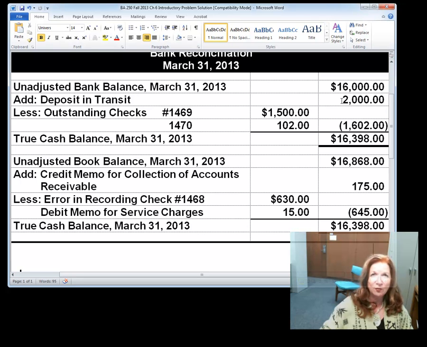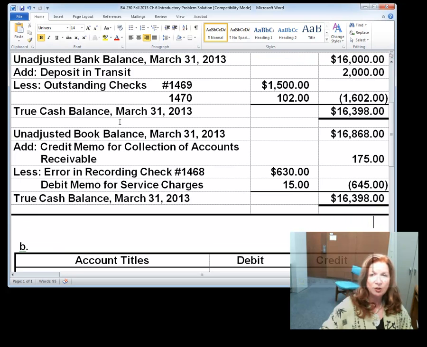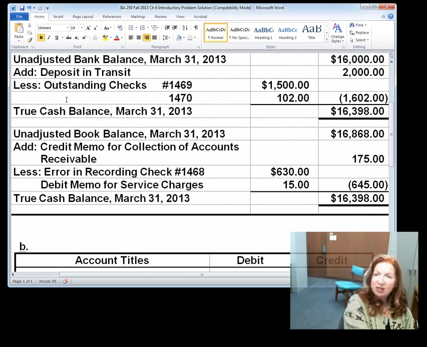Deposits that are in the general ledger account but were not received at the bank by the time the bank statement was prepared. The next thing we do is we look for the outstanding checks. So it says here that check 1462 was outstanding from February, and we're looking to see if 1462 came in this month.